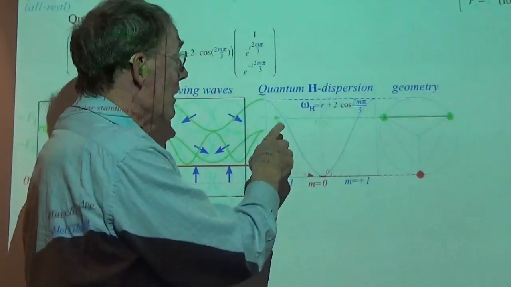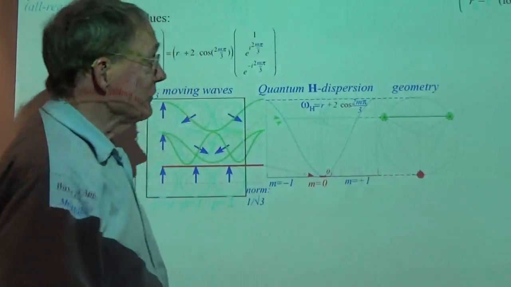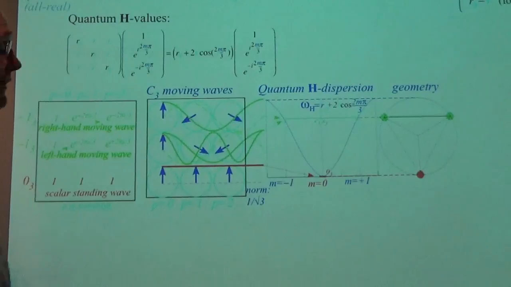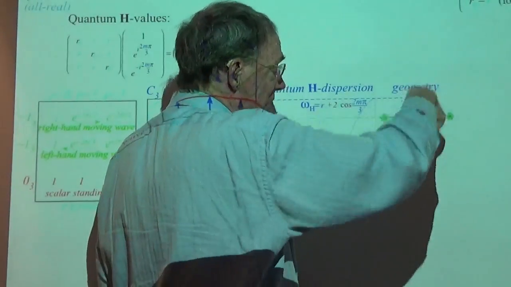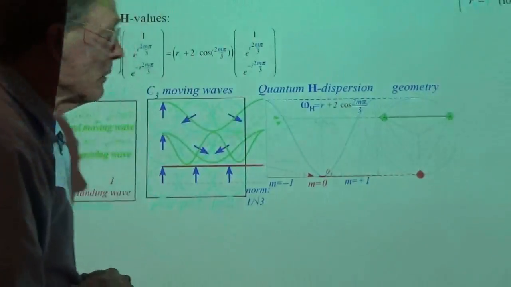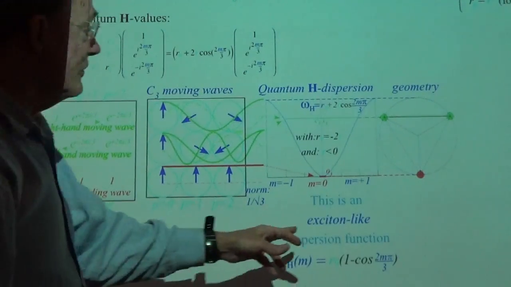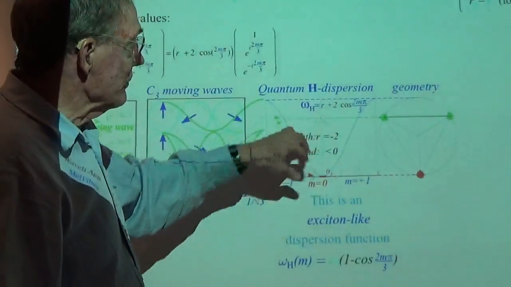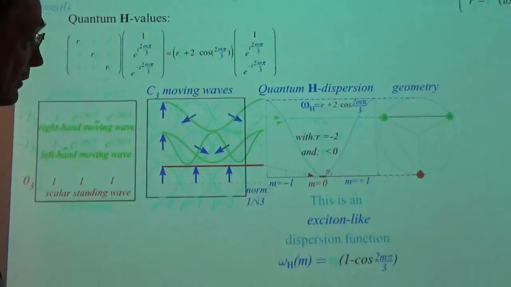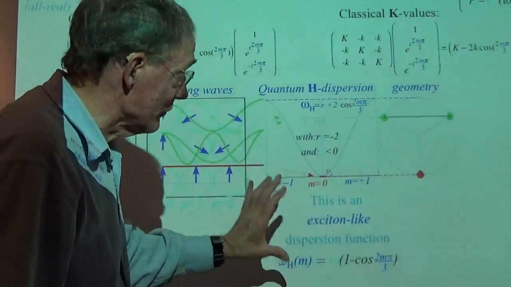But this dispersion function is a projection of an equilateral triangle that's sitting on one of its points. Okay. This is an exciton-like dispersion function. It has a curved bottom. It's got a parabolic bottom for low k. We don't care about anything but one point, so this is sort of superfluous.